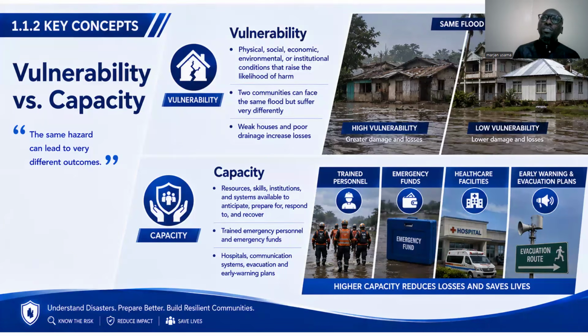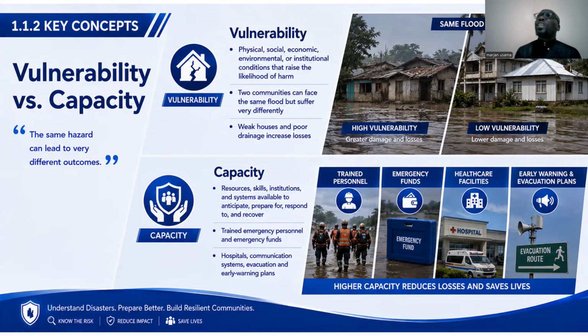Some communities, when a disaster happens, have trained personnel. There are emergency funds, healthcare facilities, and early warning. All these are capacity. So they can easily minimize the effects of disaster.